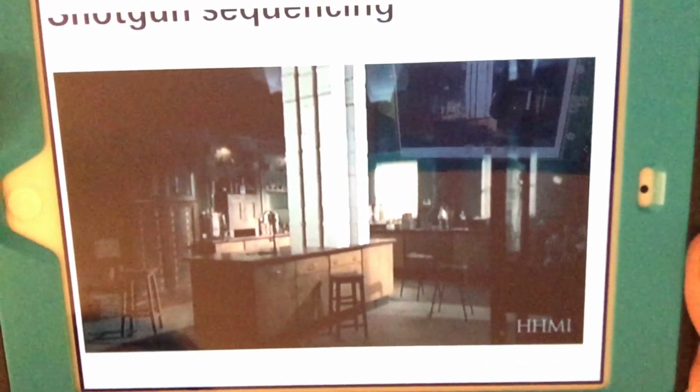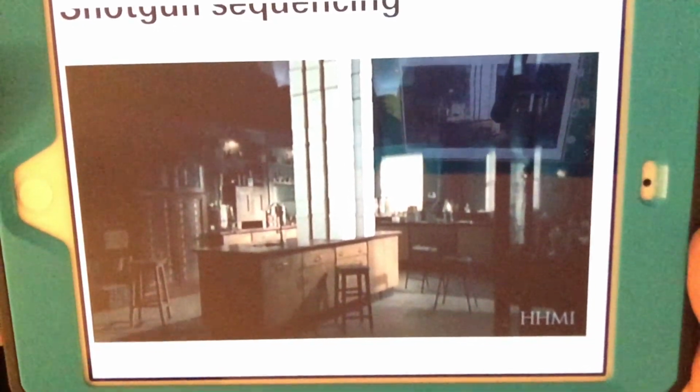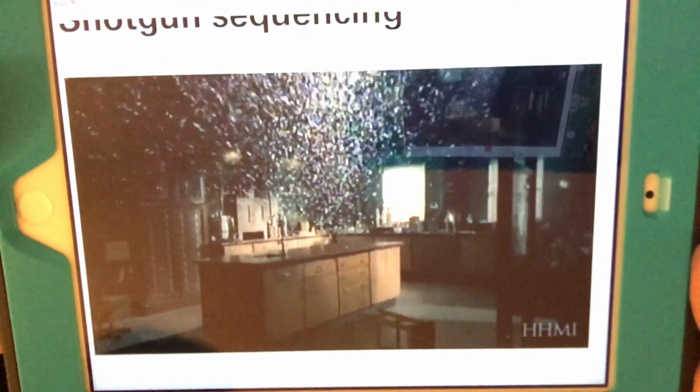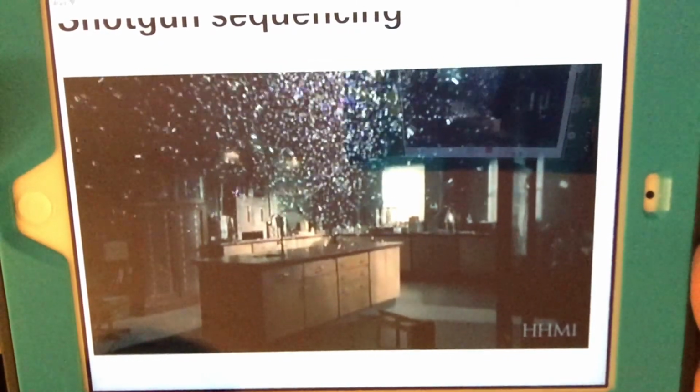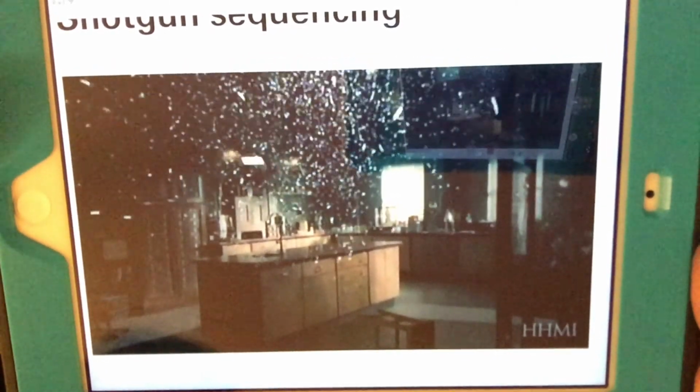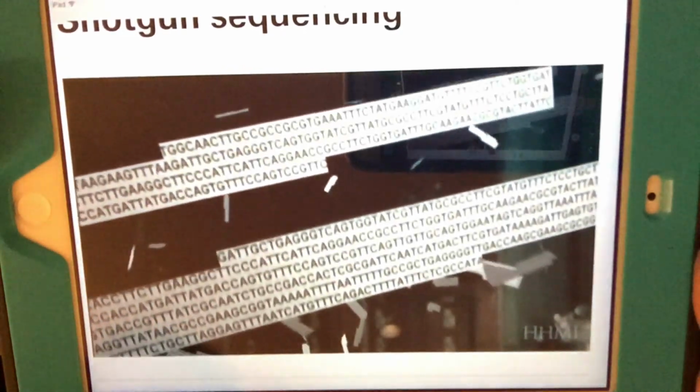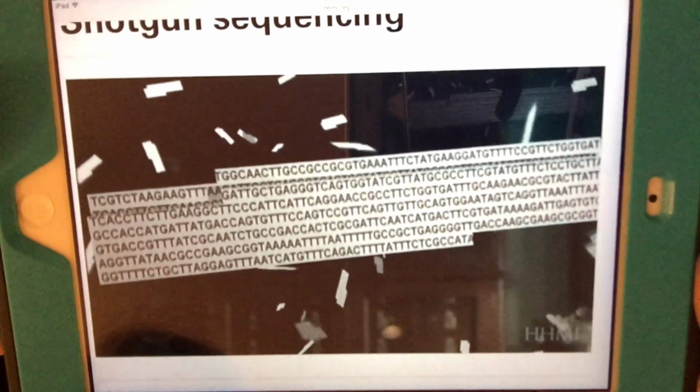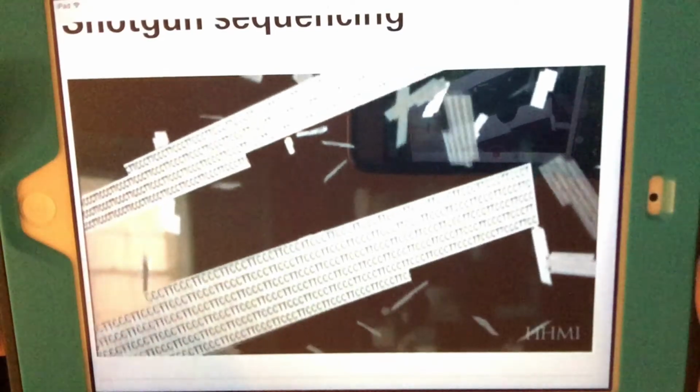Shotgun sequencing is the method that was used by the Private Genome Project. Shotgun sequencing requires multiple copies of the genome, which are effectively blown up into millions of small fragments. Each fragment is then sequenced. The small fragments are assembled using an immense amount of computer power to match overlapping sections. The drawback of this method comes when dealing with repeat sequences.